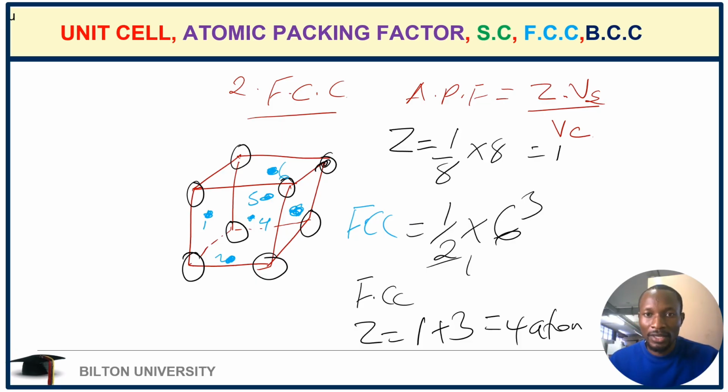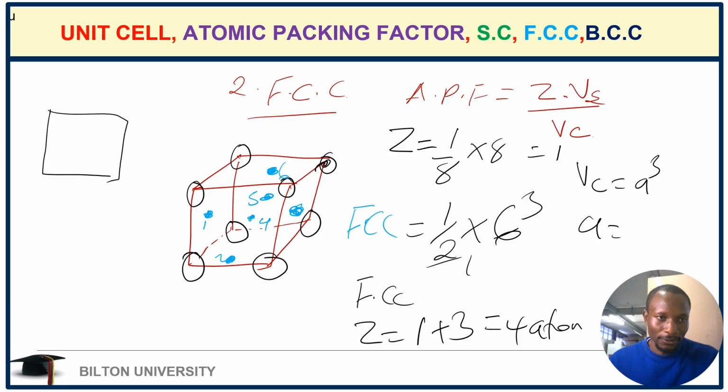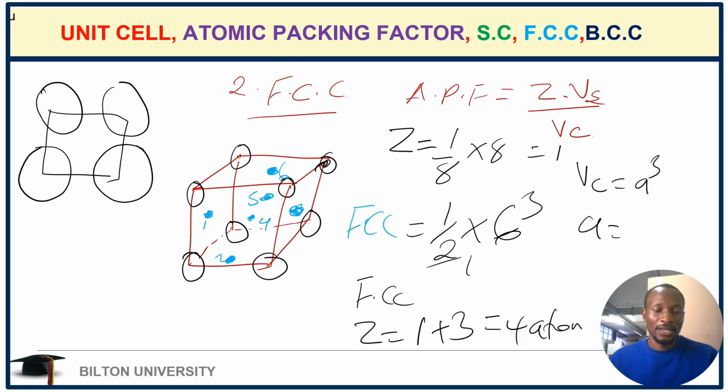Let's look at them. We said VC is equal to a cube, and therefore let's look at the edge length. Now, if I remove one face of this cube, I'm going to have something like this. This one atom, this one atom, this another atom, and this also another atom.